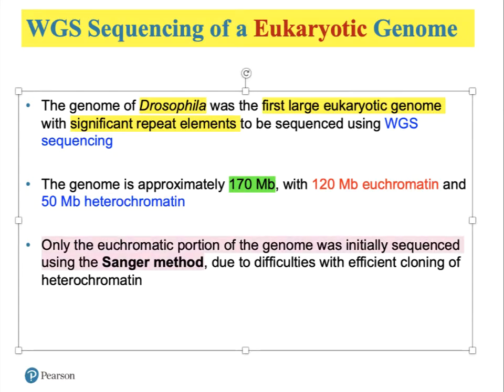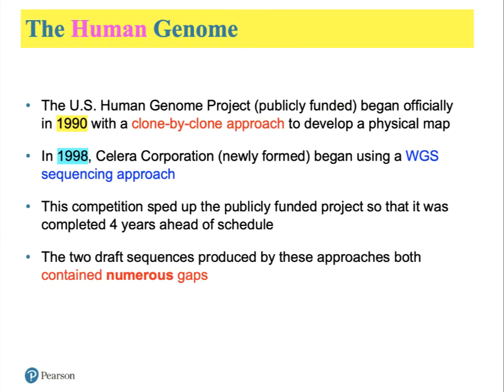The heterochromatin did present problems for the researchers, so they focused their initial efforts on the euchromatin, and then only later, when techniques became available, they were able to tackle the heterochromatin. Other than that, the techniques used were whole genome shotgun sequencing. The holy grail of sequencing is, of course, the human genome.